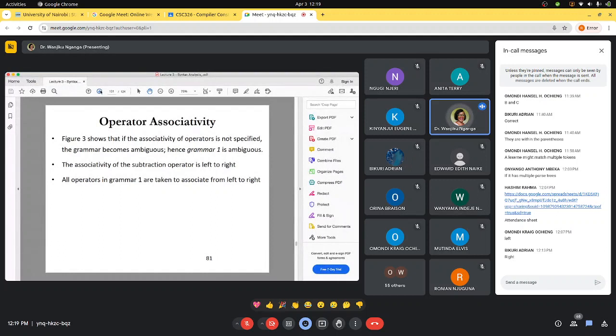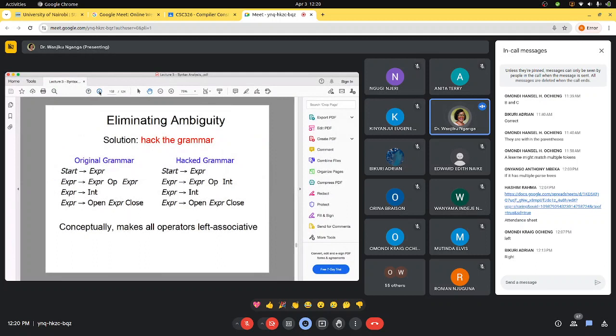For the operator for subtraction, and even addition, associativity is usually left to right. So the way this grammar has been defined, we assume everything is left associative. Operators associate to the left when an operand is between operators of the same precedence. It could be the same operator, or it could be plus and minus, or division and times.